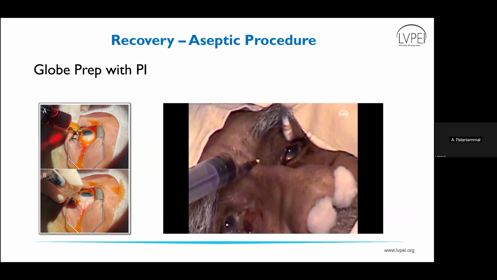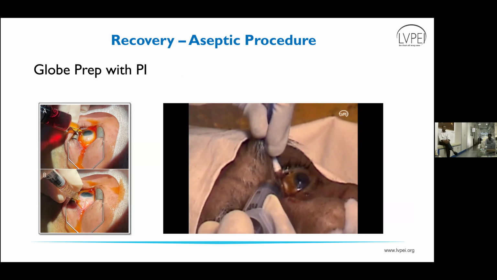Then after the lid margins and lashes preparation, we have to do the globe preparation. In that, again we have to take a sterile 10 ml syringe and grasp about 6 ml of povidone from the bowl, and then come to the donor and start dripping the povidone onto the eye.